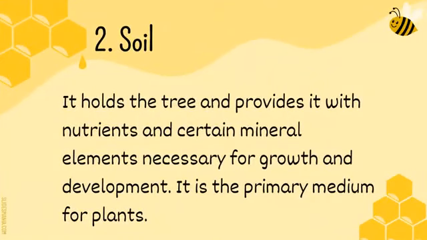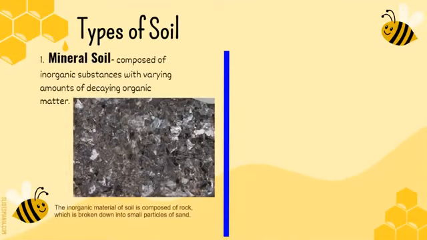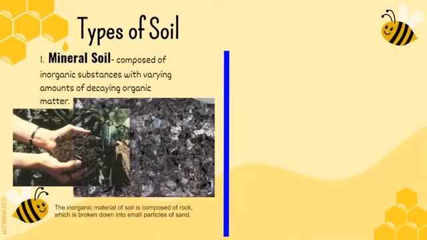Number 2 is soil. It holds the tree and provides it with nutrients and certain mineral elements necessary for growth and development. It is the primary medium of plants. There are also different types of soil. Number one is mineral soil, composed of inorganic substances with varying amounts of decaying organic matter.